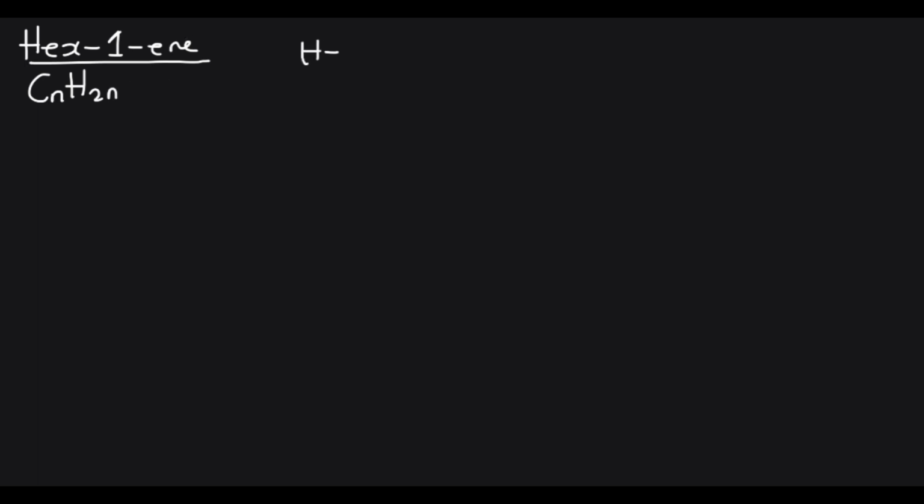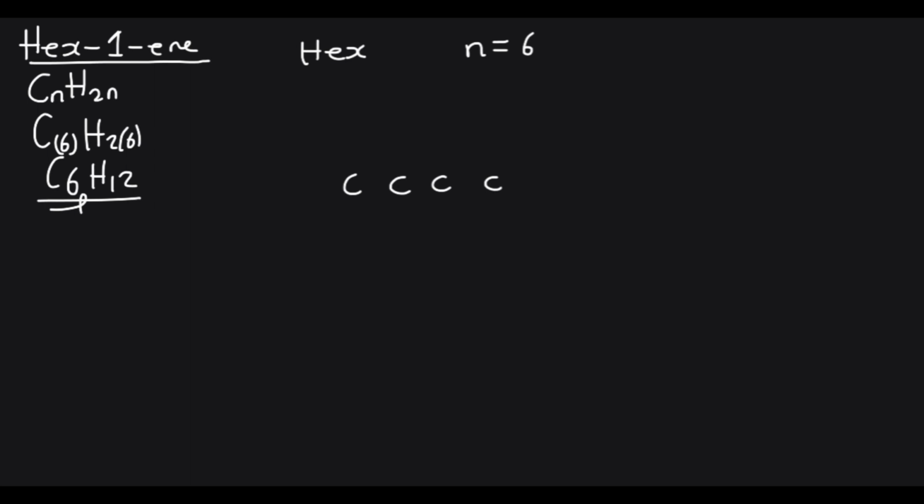From the prefix hex-, we can see that n is equal to 6. So C times 6 is C6, and 2 times 6 we have 12 atoms of hydrogen. So we can write the 6 carbons: 1, 2, 3, 4, 5, 6.